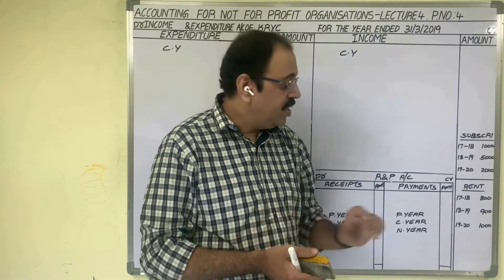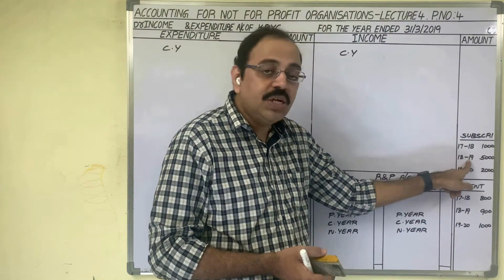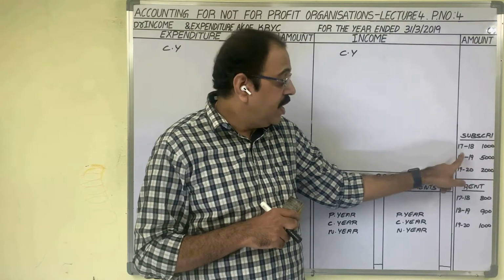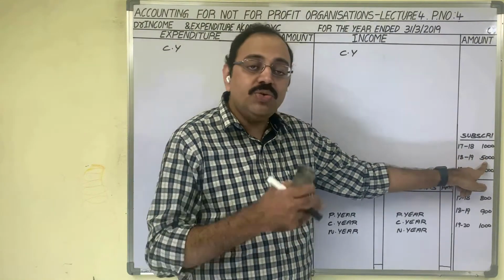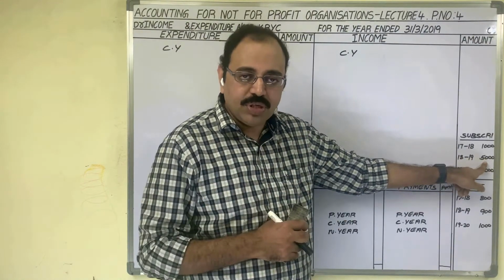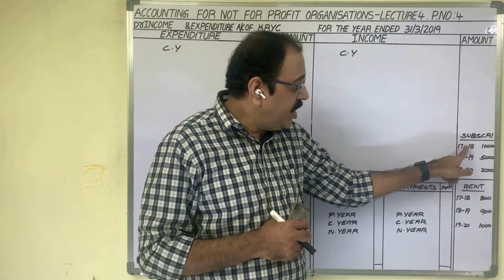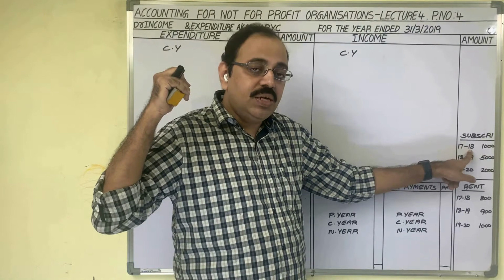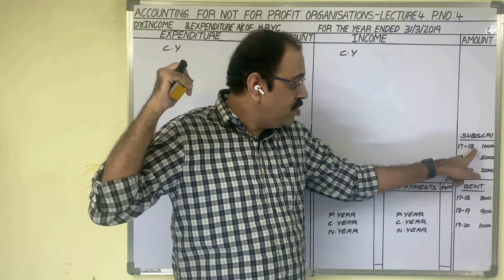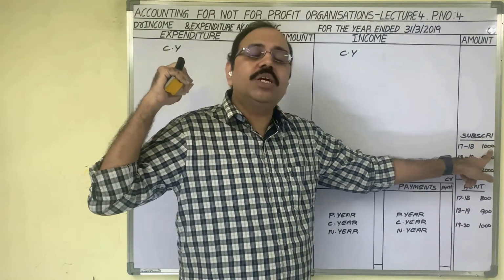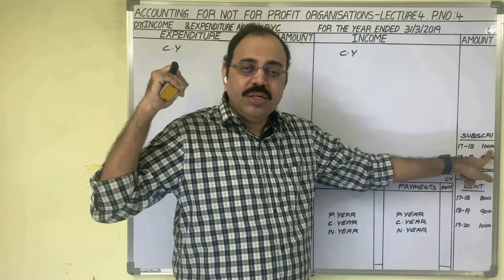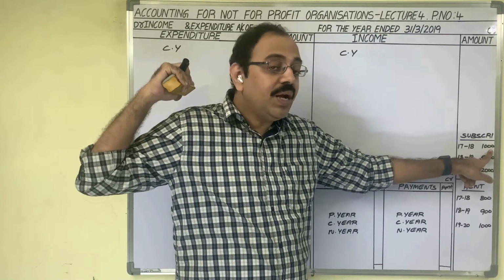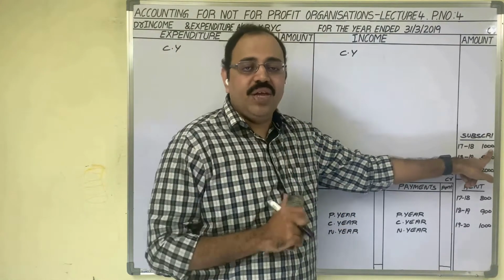In the current year, the firm has to receive 5,000 subscriptions. And assume that in the current year, the firm received 5,000 subscription amount. 17-18 is the previous year. In the previous year, the firm had to receive 1,000 rupees subscription amount. But the firm didn't receive that amount last year. When did that amount come? In the current year.